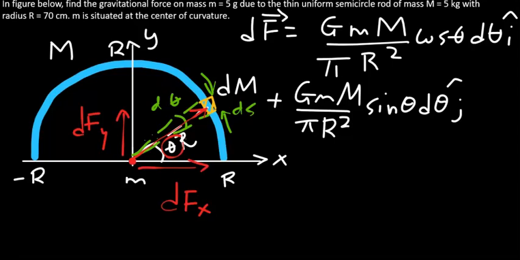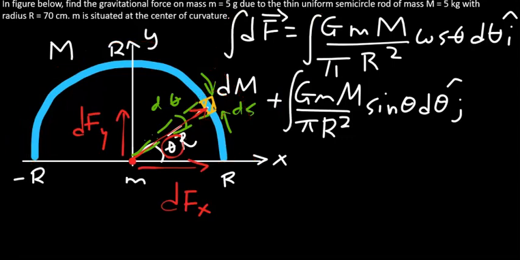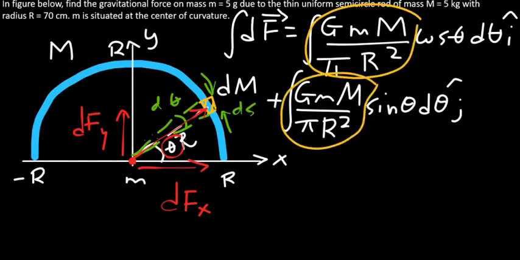In order to determine the total force from the entire semicircle rod, we need to integrate the above expression, like that. This will ensure that we cover the contribution from such tiny elements all the way from this point to that point. You see that in those two integrals, those terms are constants and can be taken out of the integral sign.